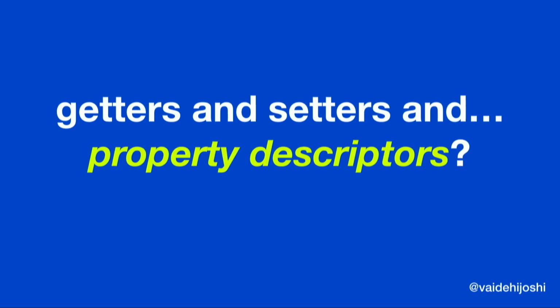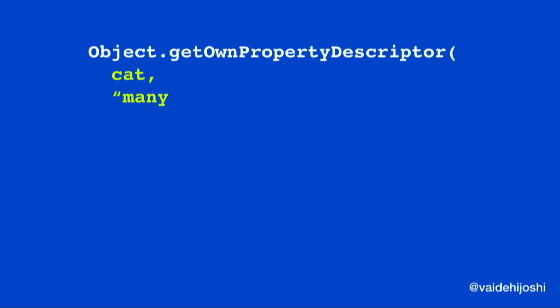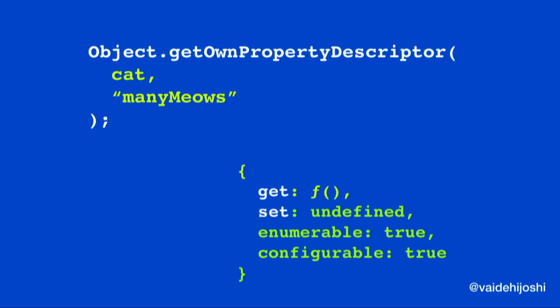But speaking of property descriptors, we went on this tangent about getters and setters, but why? How does that tie into property descriptors? Well, when we look at the property descriptor for our cat, and we look at the descriptor for the getter that we just added to it, we see something slightly different. Notice that there's a get and a set key, but value and writable are nowhere to be found.